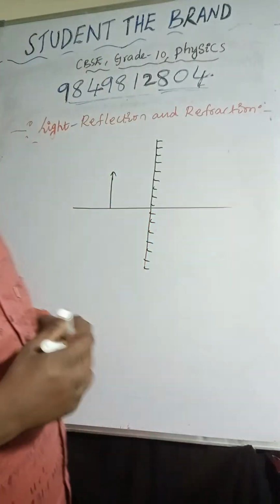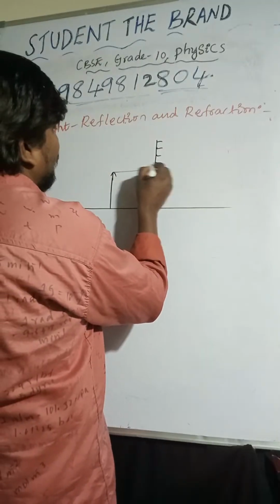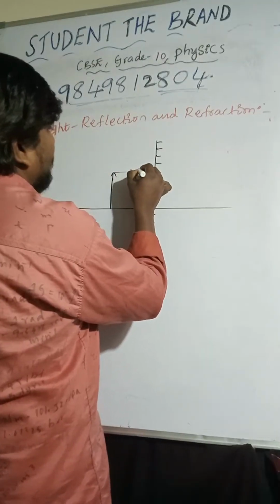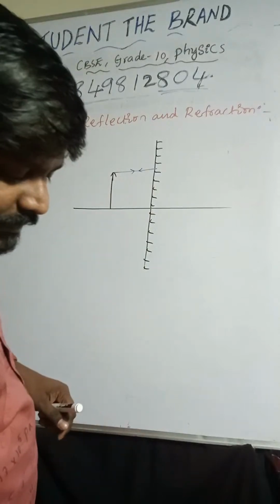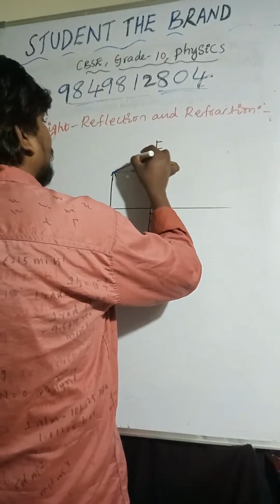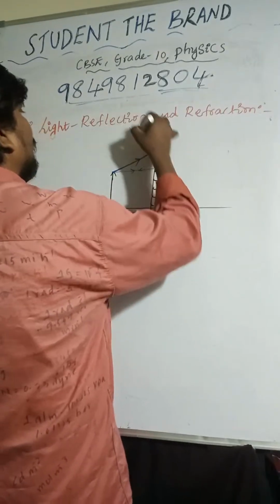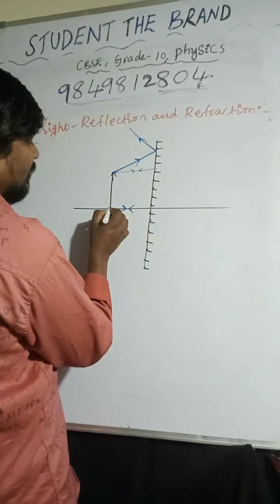Yes or no? So I'm considering one light ray. This is one light ray I'm taking here. After reflection, the light rays are moving away from it. So here you can observe.